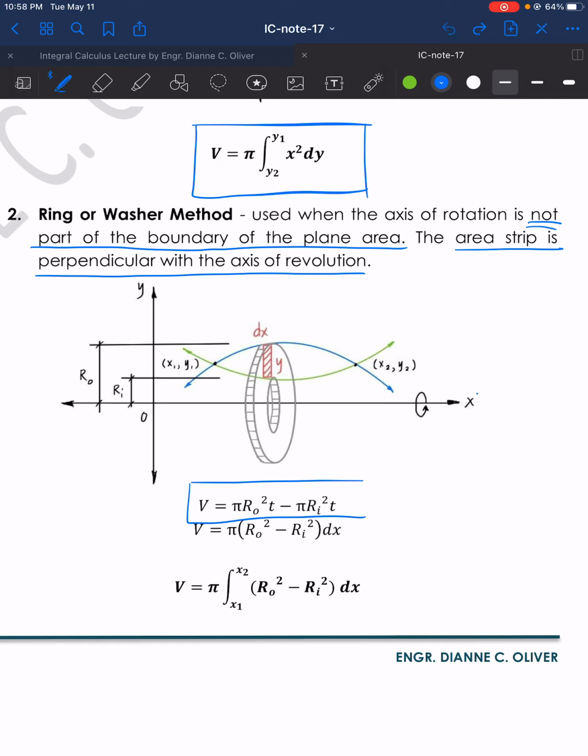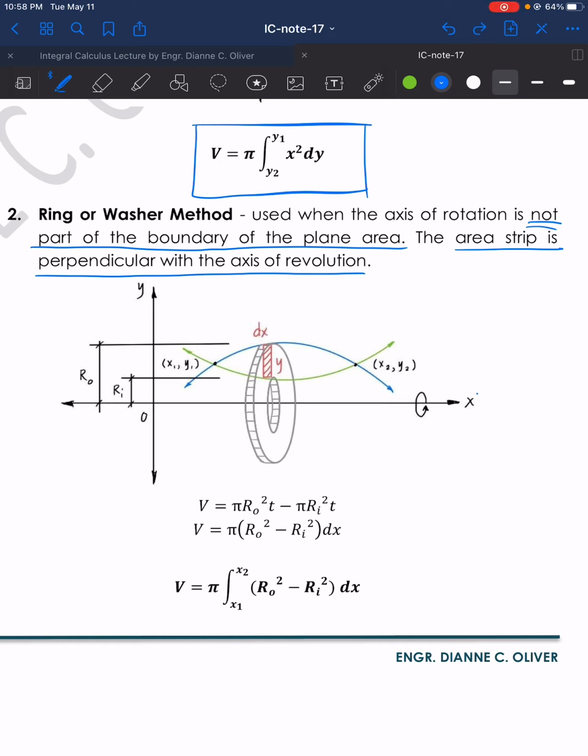Now if we use the area strip y dx, then we have the thickness as the dx. And here the y becomes the r outside squared minus r inside squared.